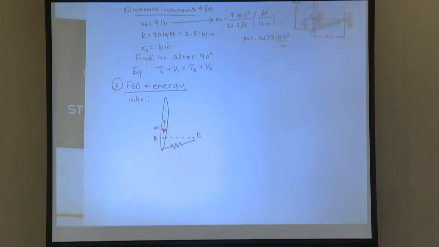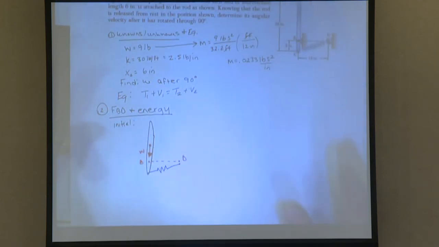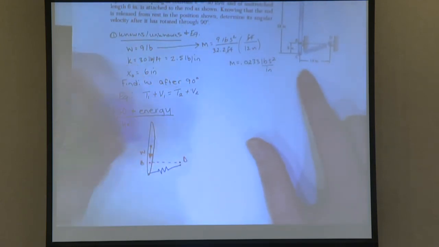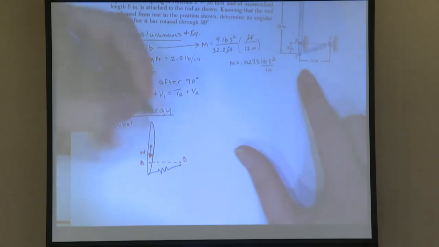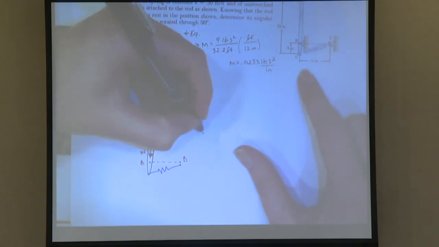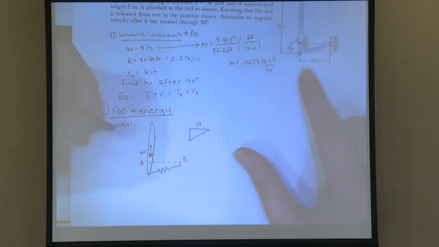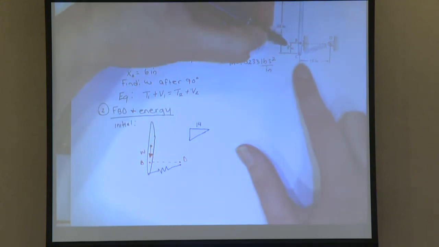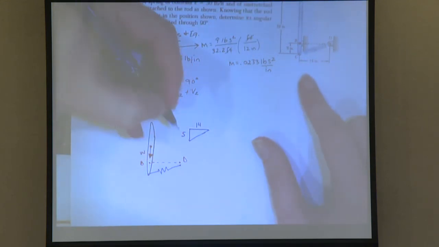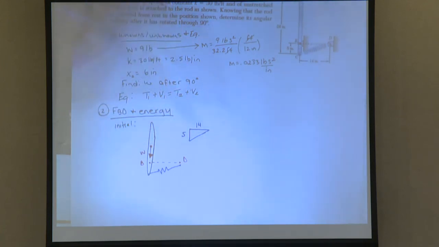I know from the drawing that the distance between B and D, so I'm going to redraw this as a different triangle, is 14. And then the distance from B to C is 5. Basically, we're going to have to figure out the stretch of this spring.